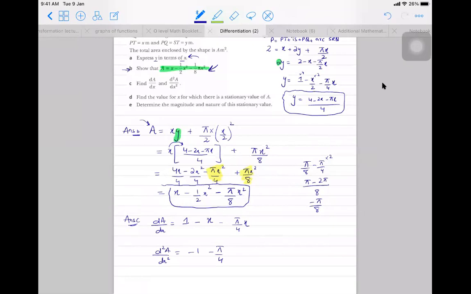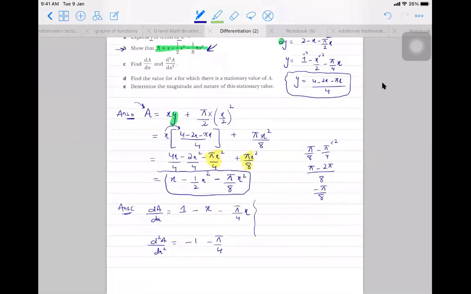Okay, now part D says find the value of x for which there is a stationary value. So to find that value, I'm going to erase this working.